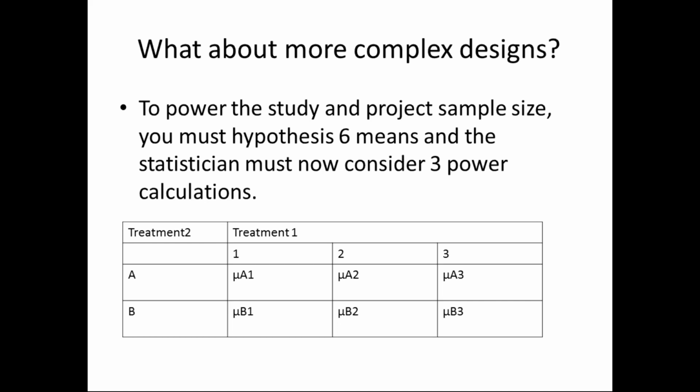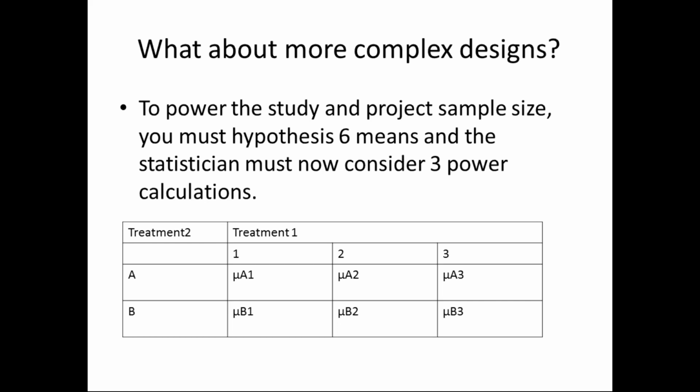Is the gap between UB3 and UA3 equal to the gap between UB2 and UA2? Is that equal to that gap? So if you ever hear somebody say, what is a test of interaction?